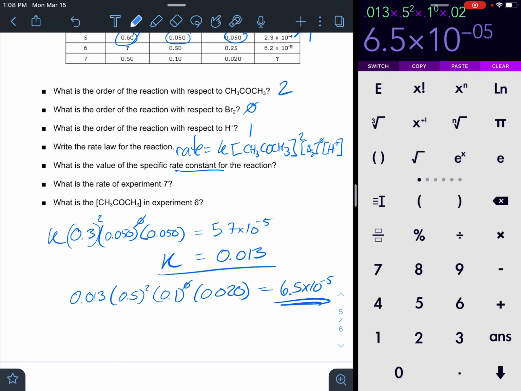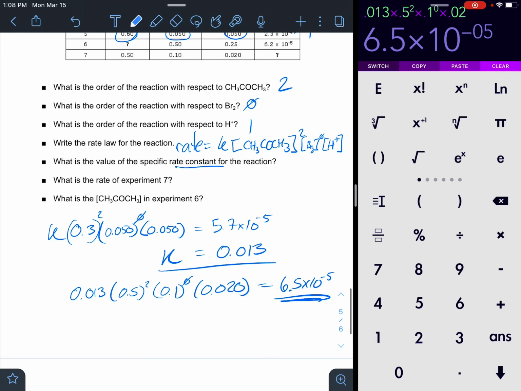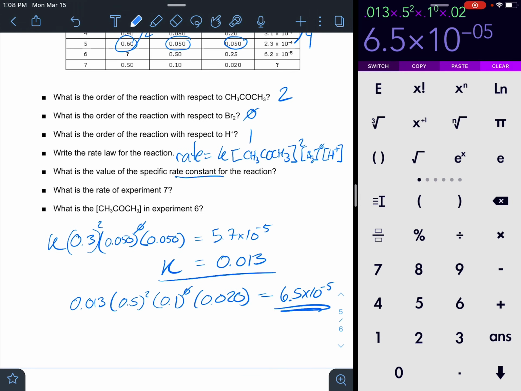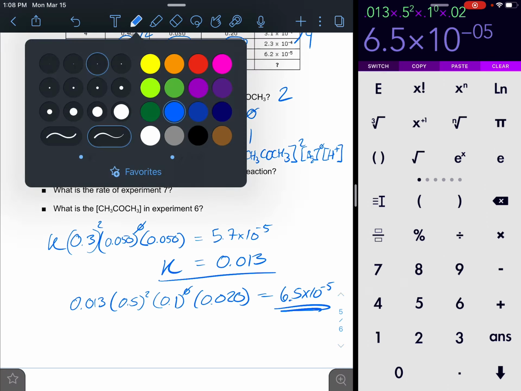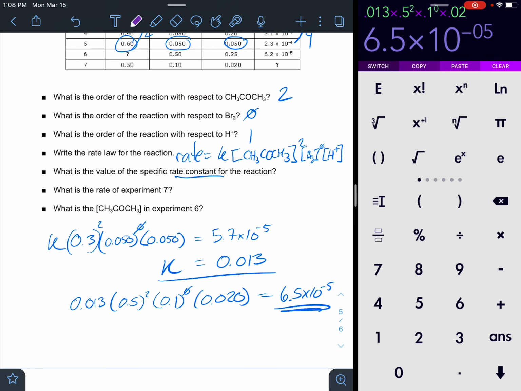What is the concentration of CH3COCH3? Just do that one in purple real quick. So we have a rate, 6.2 times 10 to the negative 5. We have a K, 0.013. We do not have this, CH3COCH3 to the power of 2.